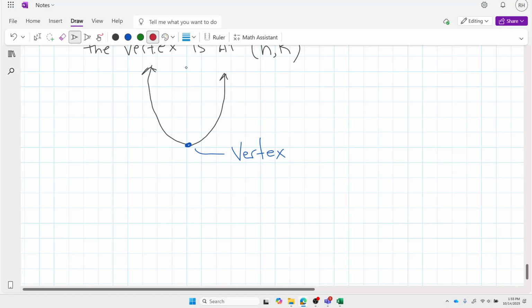Then the vertical line that splits this parabola right in half is called the axis of symmetry.